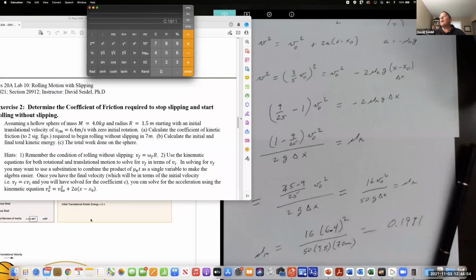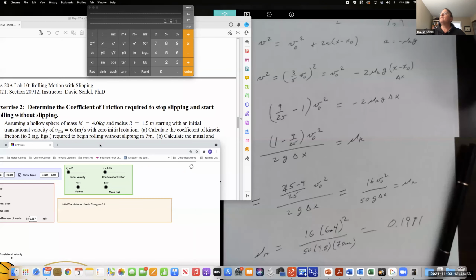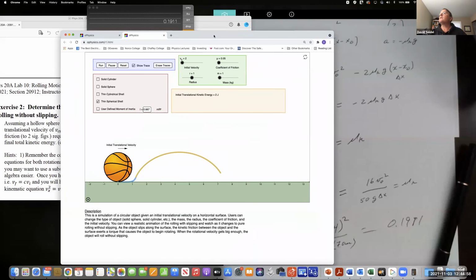Okay, our lab here is we've got a condition where we're launching something with an initial translational velocity along a rough surface. There is a slipping distance before it starts rolling.